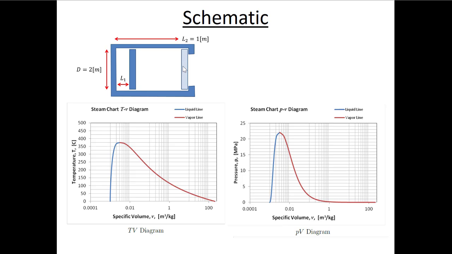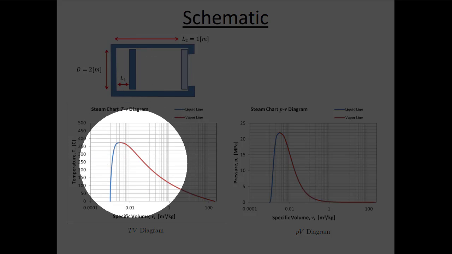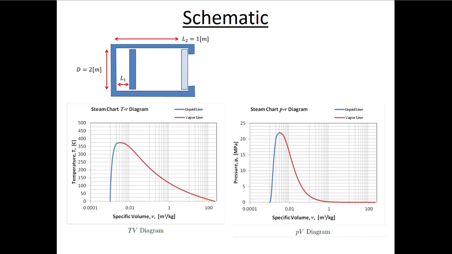We're also given these nice to-scale T-v and P-v diagrams. If you're doing this on a test and you're not given things to scale, that's fine. You can draw it out as a sketch, and you just have to recognize that when you're sketching it out, you're not necessarily sure what phase you're going to be in by your drawing, because your drawing will have some inaccuracy.